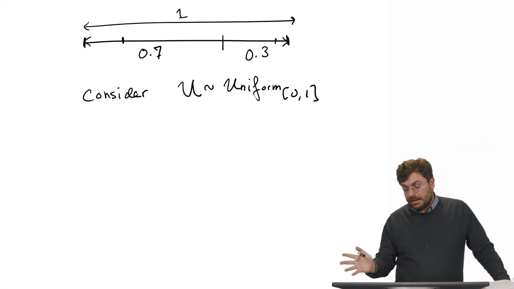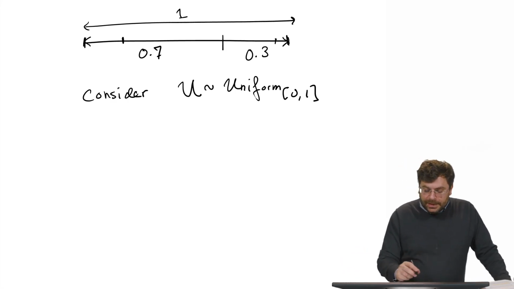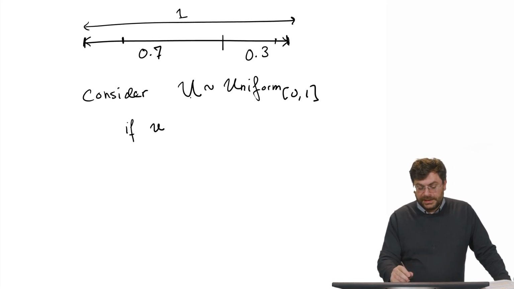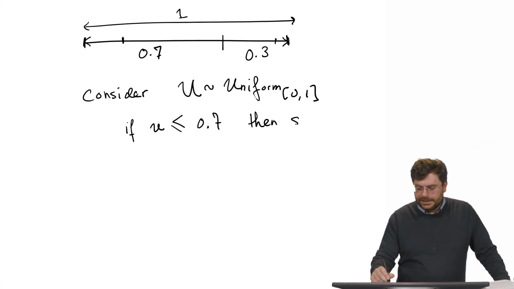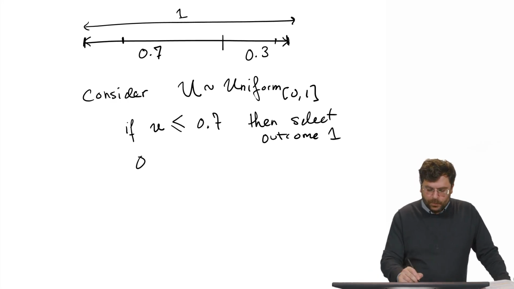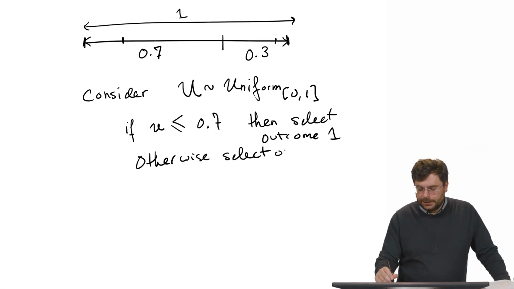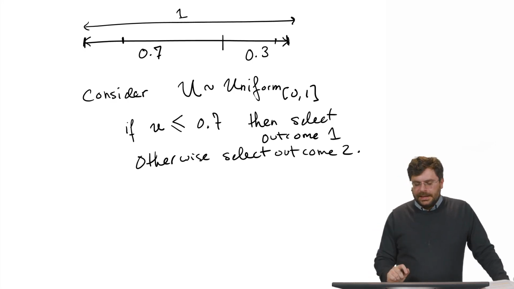And then I will compare and decide if that uniform random number, so if small u, in other words the realization of big U, is less than or equal to 0.7, then select outcome 1. Otherwise, select outcome 2. So that seems pretty straightforward.